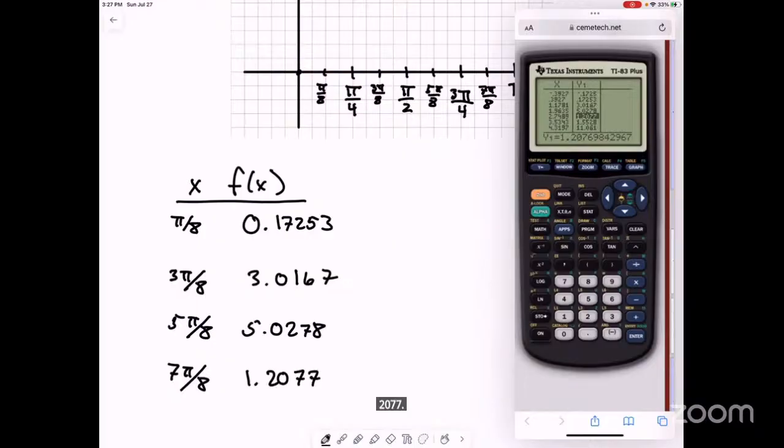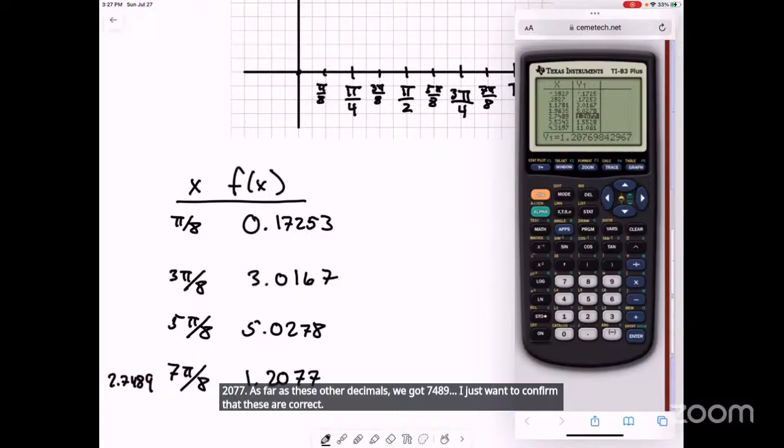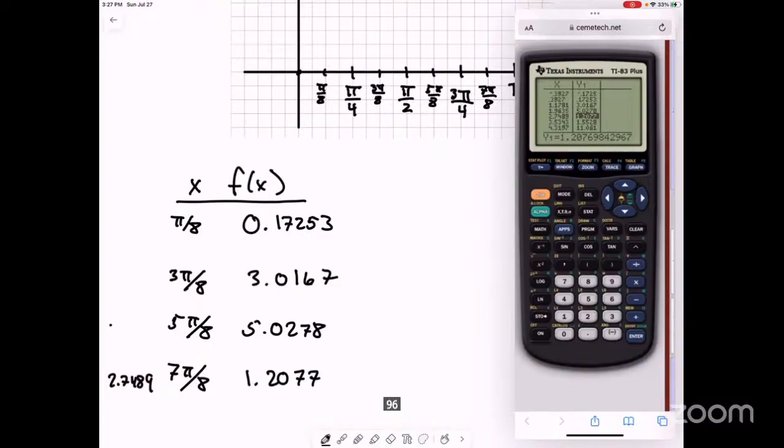Now, as far as these other decimals, we got 7489. I just want to confirm that these are correct. 9635. 1781. 3927.